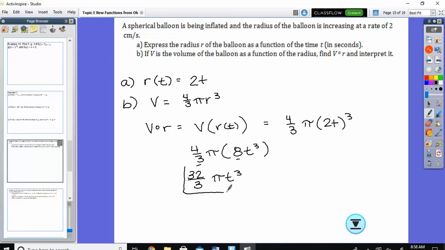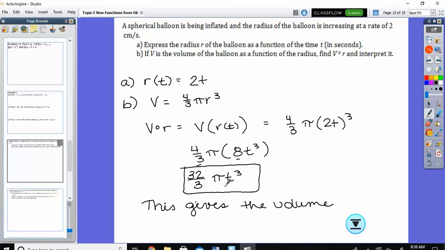And then I asked you to interpret it. What does this formula tell me? It's the formula for V, and V is volume. And in here I have a t. What does t represent? Time.